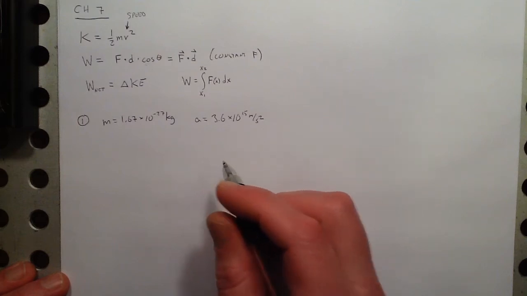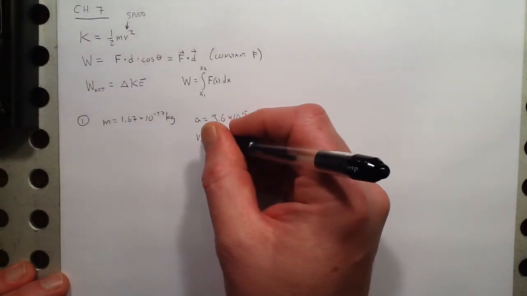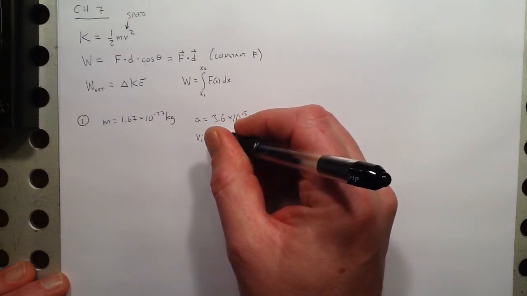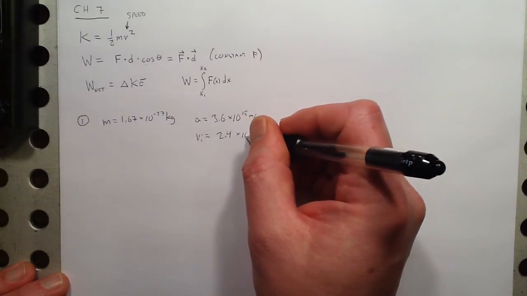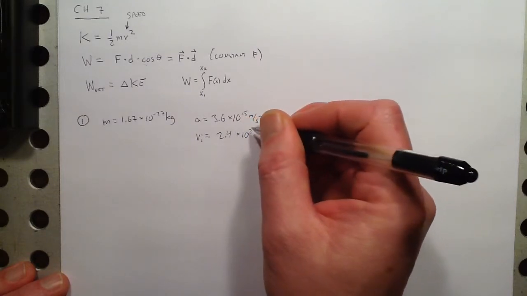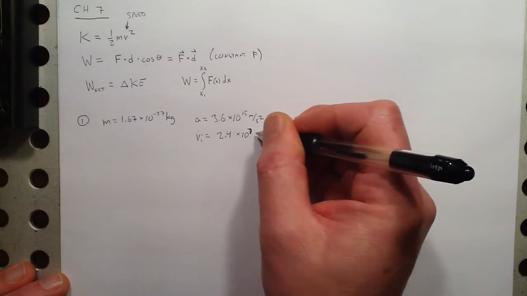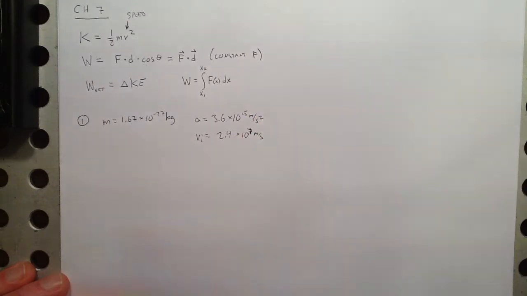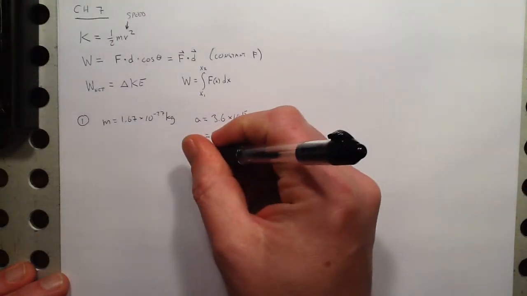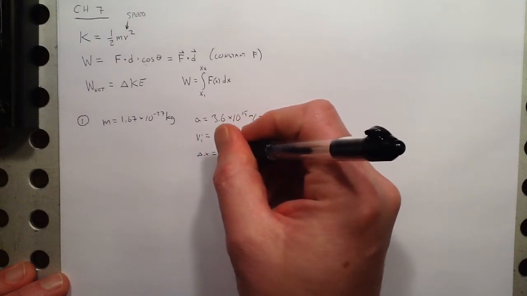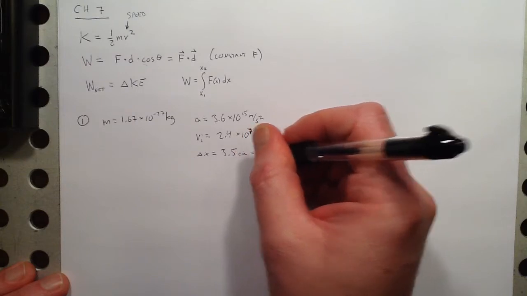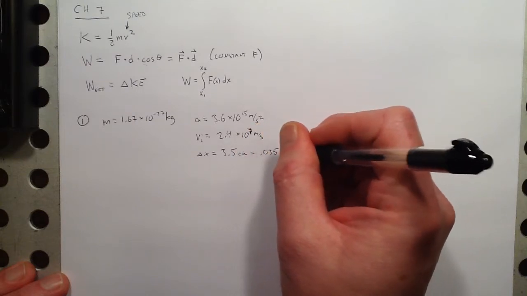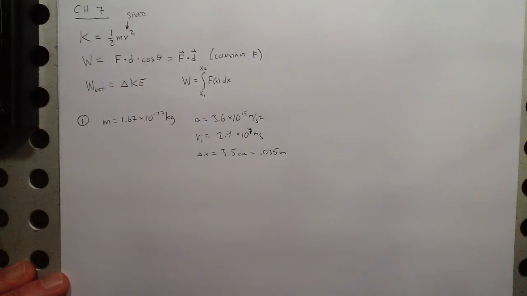If the proton has an initial speed of 2.4 times 10 to the 7th meters per second, and travels 3.5 centimeters, which is 0.035 meters.